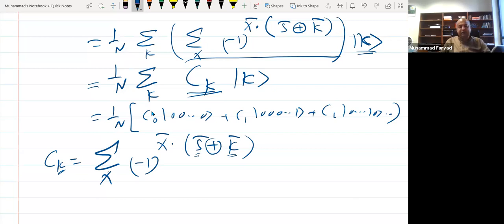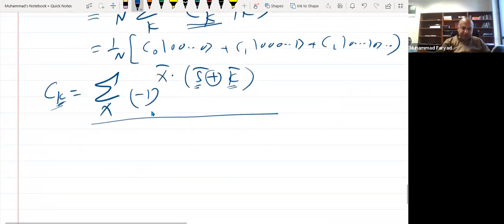So s is a fixed bit string, but k is changing across the terms in the series. So we will have to evaluate this c_k for each k, and for each k, I will have to sum over x. So its situation is like this: s is fixed for everything, but I will have to evaluate this sum over x for each k. So k is changing, s is fixed, and for each term, there's a sum over x. So let's start doing it. I can make 2 cases.